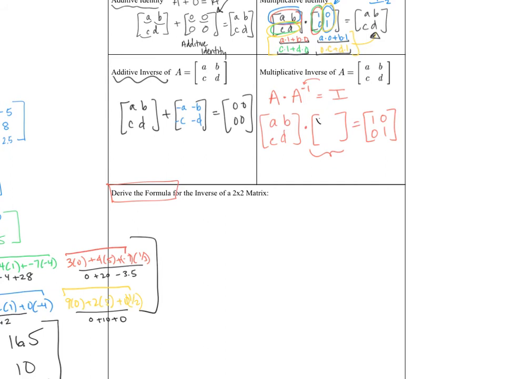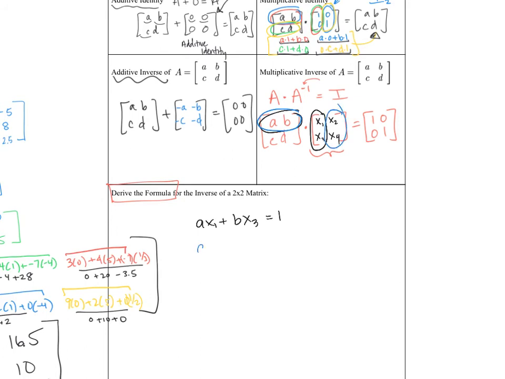Let's write this as x1, x2, x3, and x4. So what we're saying is that A B, that row, times that column. So A x1 plus B x3, we need that to equal 1. We're going to continue on.